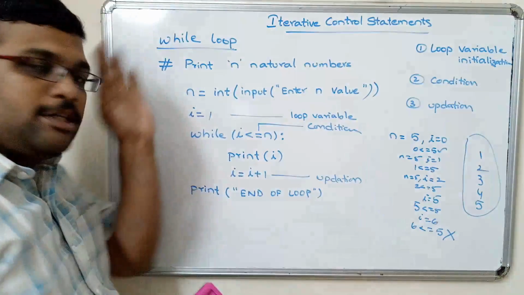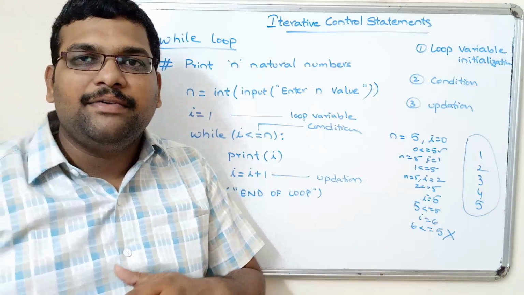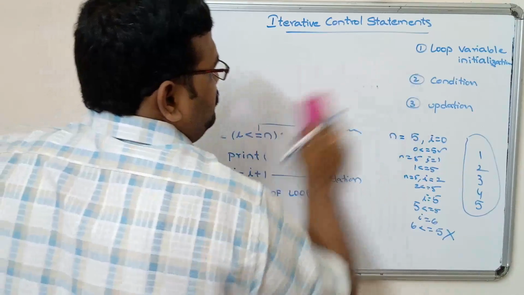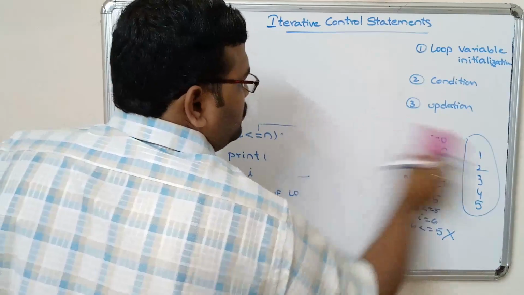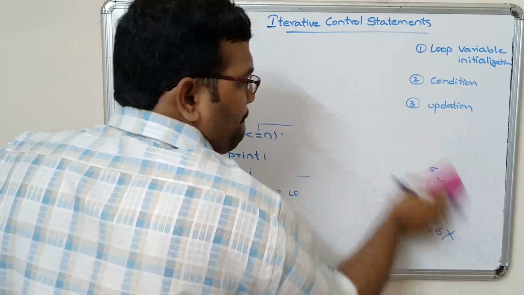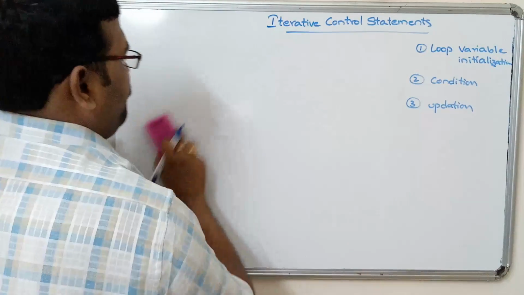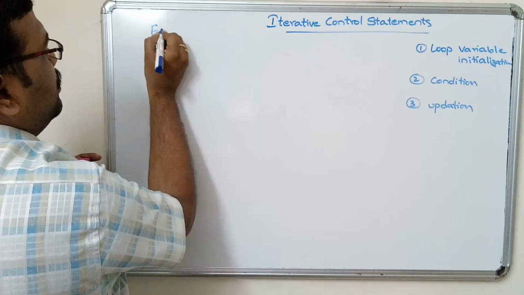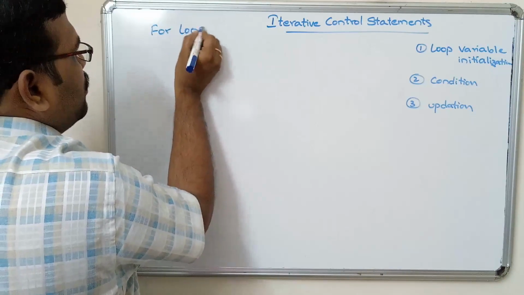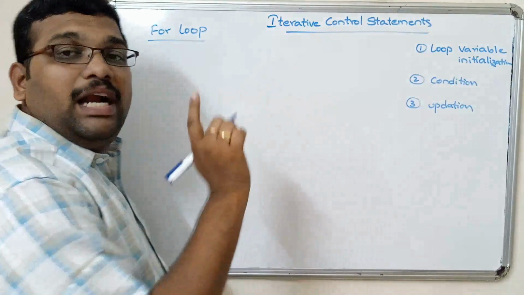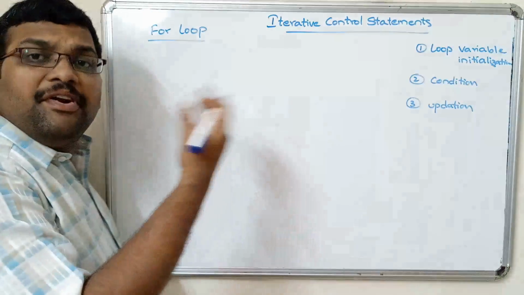Right? Now let us move on to the second one, that is for loop. For loop. So here also we have to initialize the variable, condition and updation, but in a different manner.